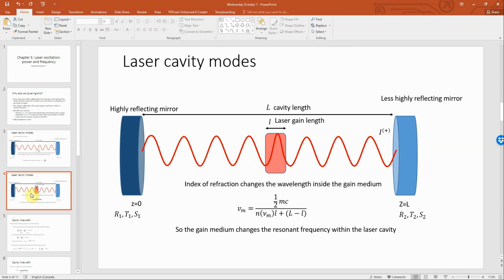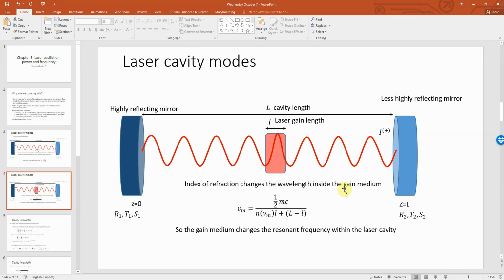Now, of course, we don't just have bare cavities, we also have some kind of gain medium in there. If this medium has a length little l, where the cavity length is big L, then this index of refraction changes that wavelength. The wavelength doesn't have to be resonant within the crystal, but it does still have to be resonant within this entire cavity.